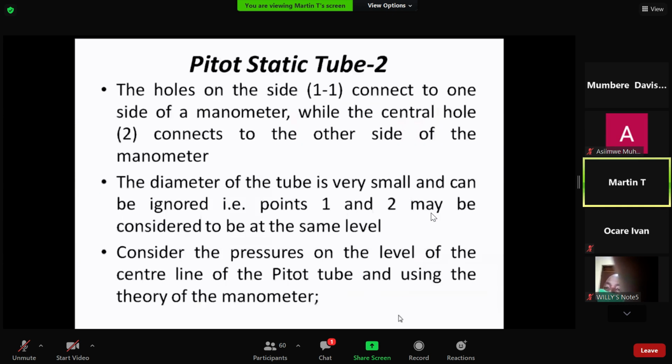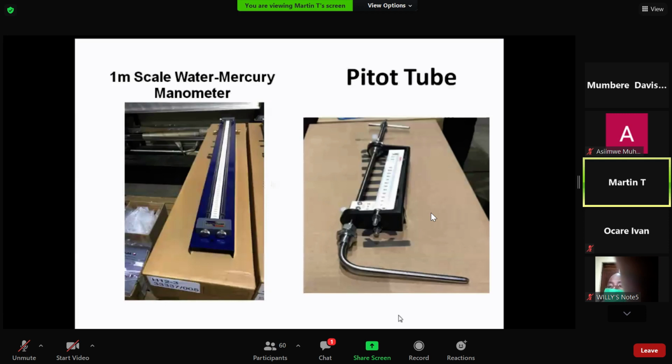Okay, so we already talked about that. So let's consider, of course, the assumption that we use in pitot tubes is that the tube is very small, such that if you look at that, we are considering that the diameter of this L tube is too small, such that point 1 and point 2 can be considered to be at the same level.